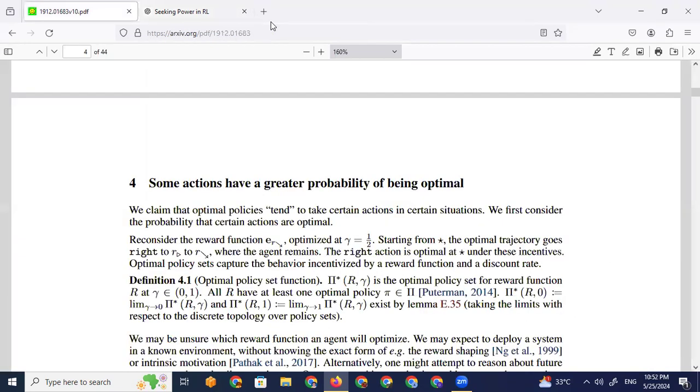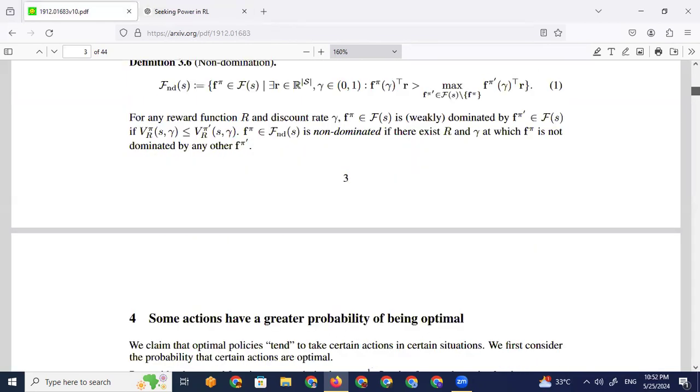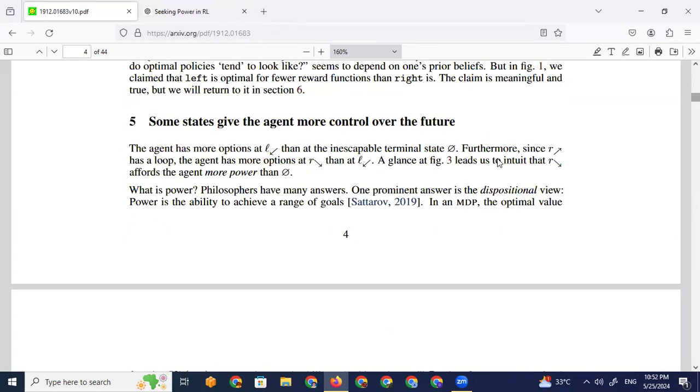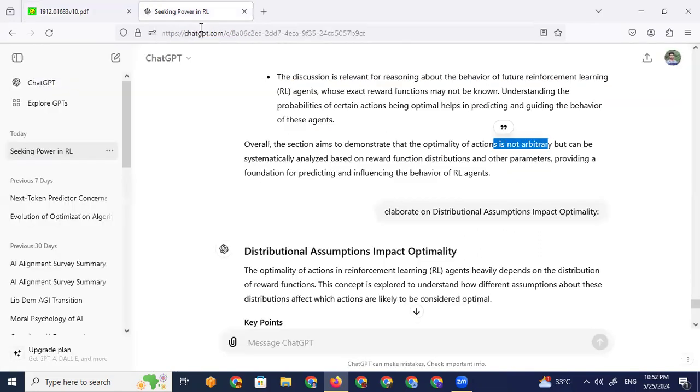Okay. So we are getting into a certain path here. Maybe we should analyze if this is the path that we want to go to. But I think for now we are probably on the right path. The conclusion is probably that from the action that the model takes, we could systematically analyze the reward function.